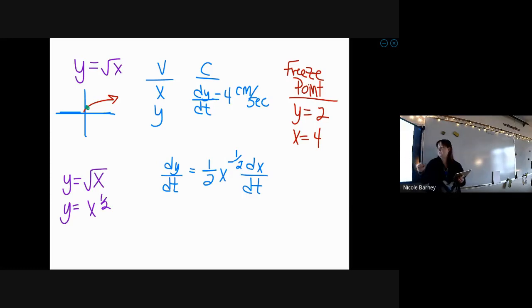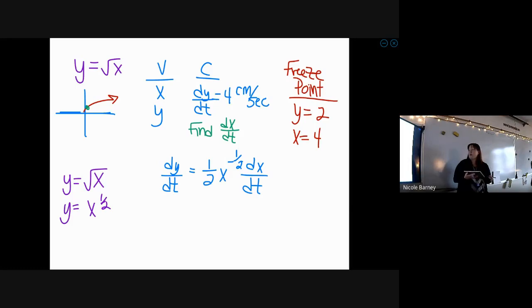Okay. So at any point, the rate of change of y equals all of this. Now we have to figure out, what were we asked to find? I never wrote that down. The rate of change of x, so we're finding dx/dt.